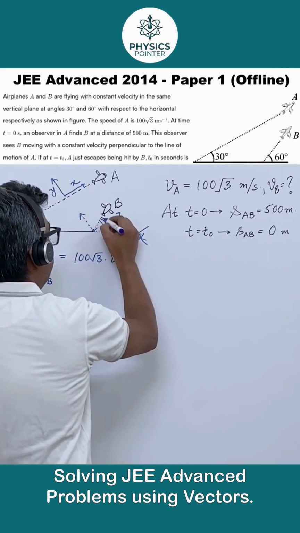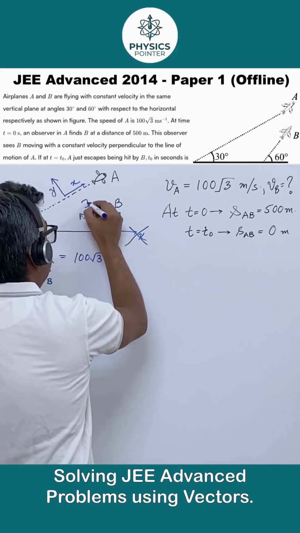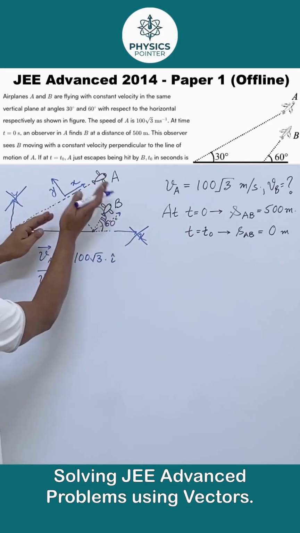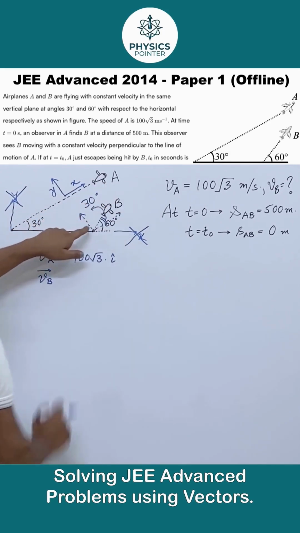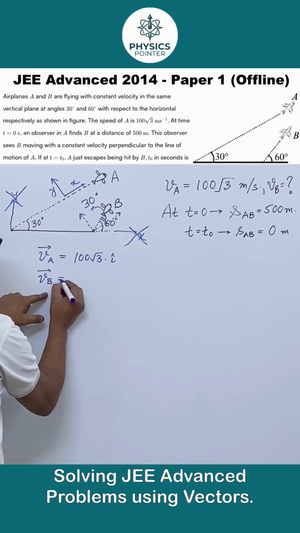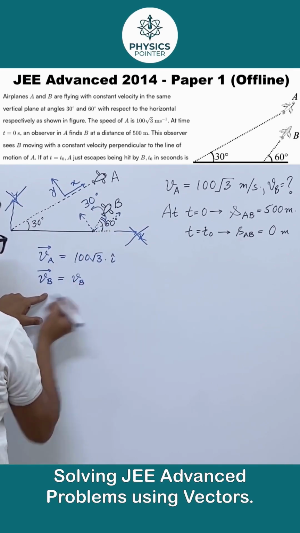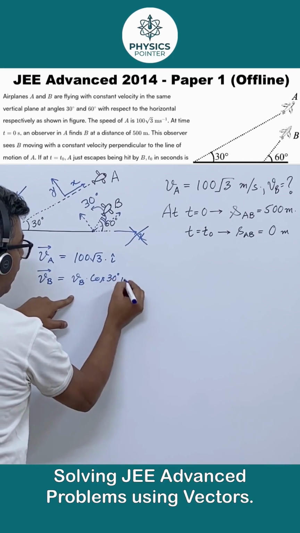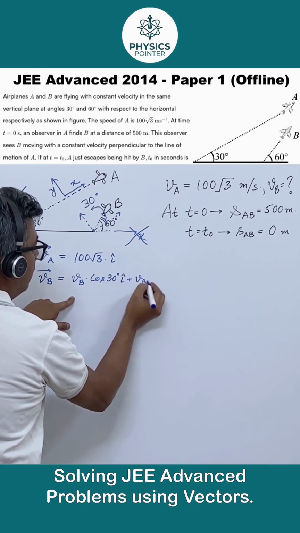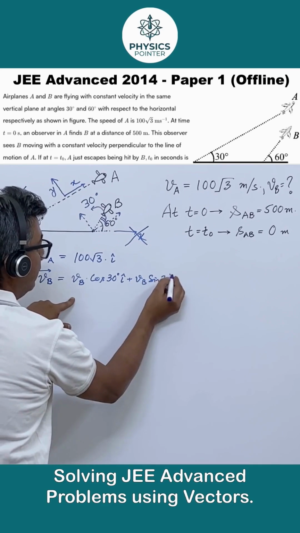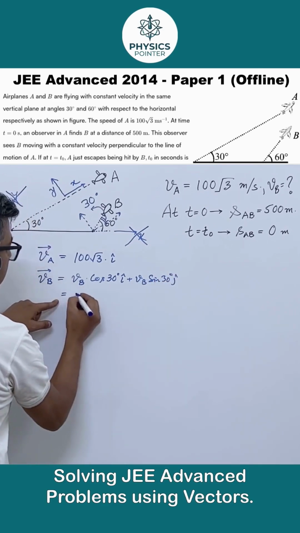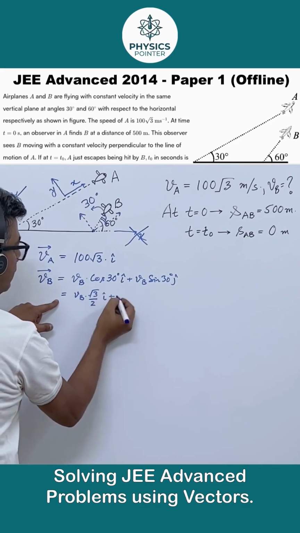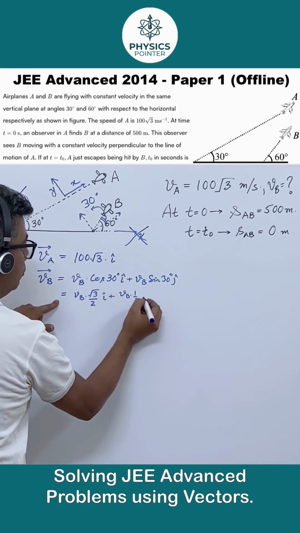And this small angle that it makes will be 30°, not 60°, because the frame of reference is already rotated by 30°. So whatever angle is remaining is 30°. So VB, let's say VB is the magnitude, is VB cos 30° I plus VB sin 30° J, which we can write as VB root 3 by 2 I plus VB 1 by 2 J.